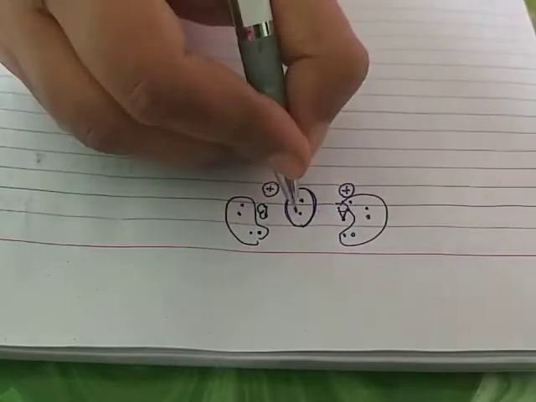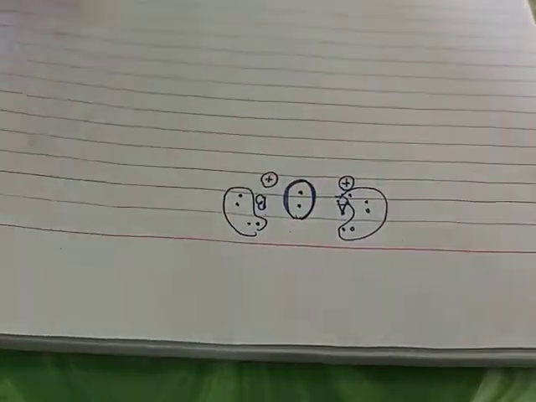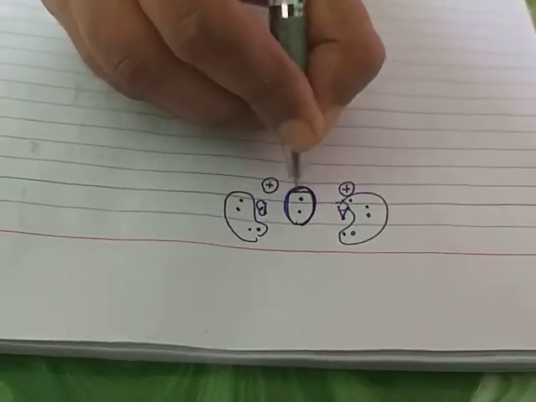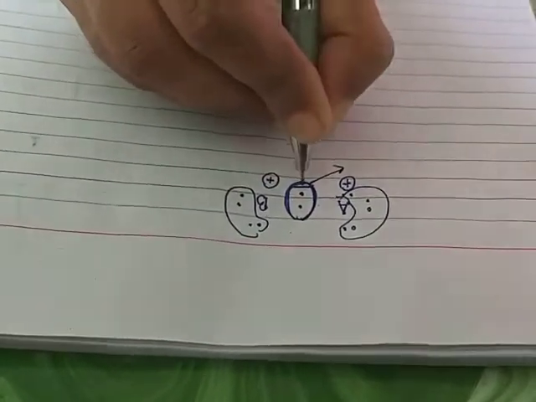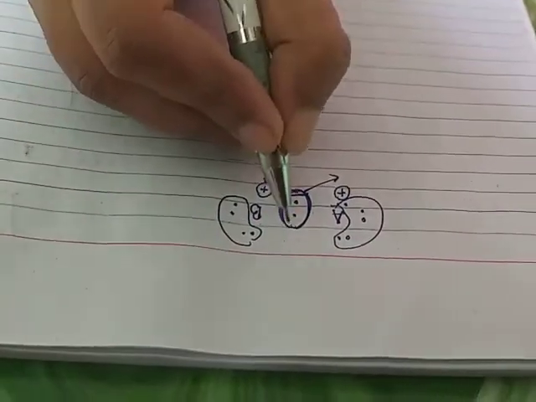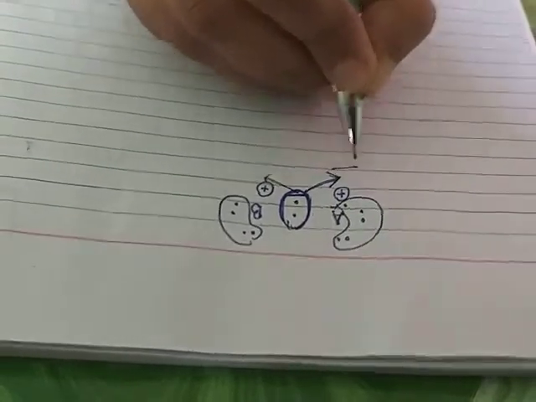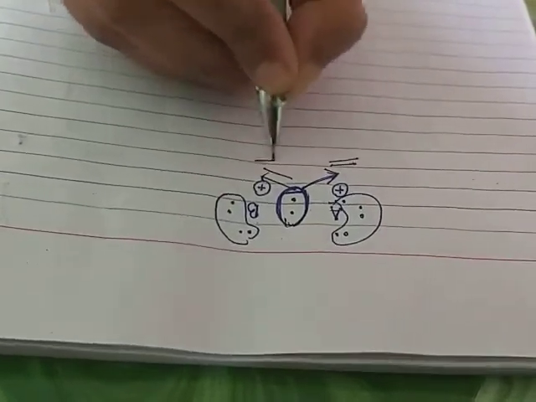Now, what is the point of difference between the bond pair and the lone pair? The bond pair, or shared pair of electrons, is the common property of both A and B. Thereby, these electrons are attracted by the nucleus of A as well as the nucleus of B.